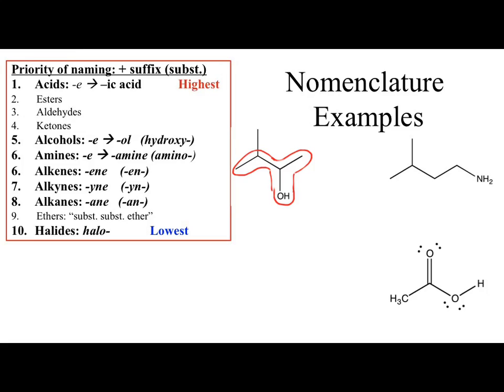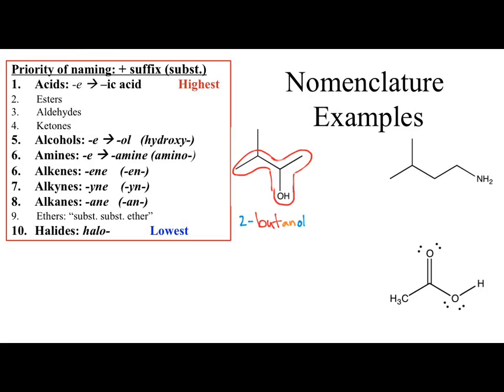This is a little bit different than we've seen before, which I just now realized actually. So we've got 4 carbons, so we'll call it but-an-e because they're all single bonds, followed by ol for the alcohol. Where is the alcohol? Position 2.